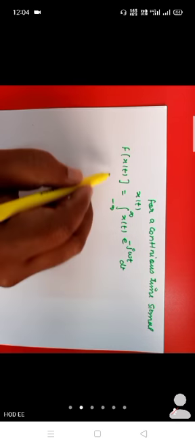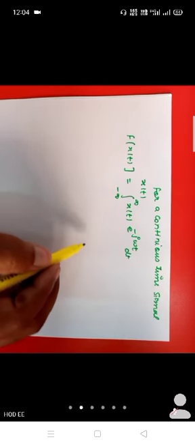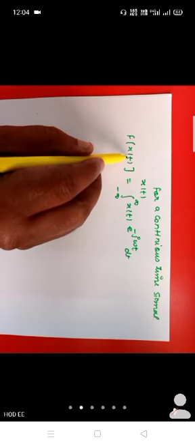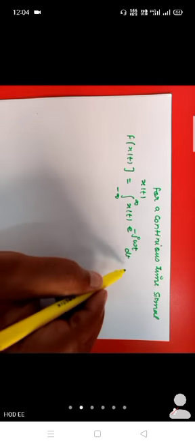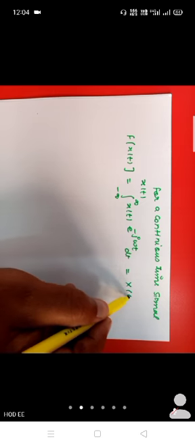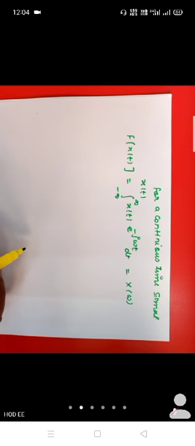By using the Fourier transform, we are transforming the independent variable from time domain to frequency domain. So it will be a function of frequency, that is X(omega). We are just changing the signal from time domain to frequency domain.